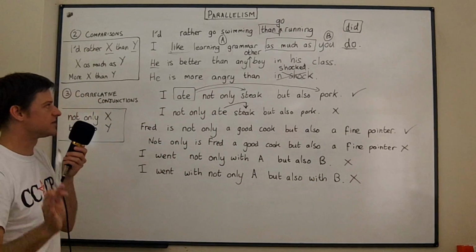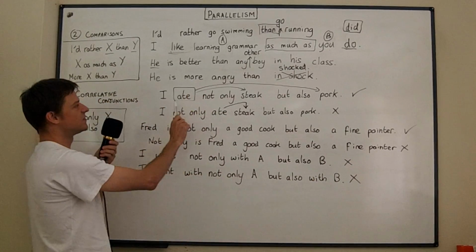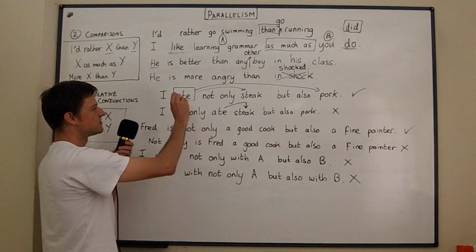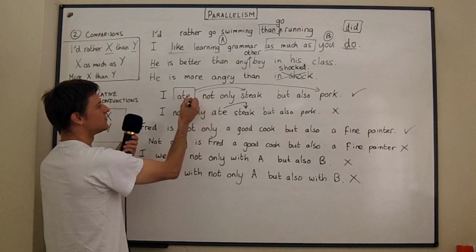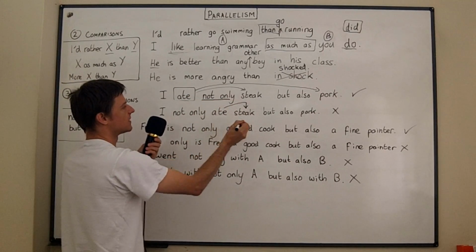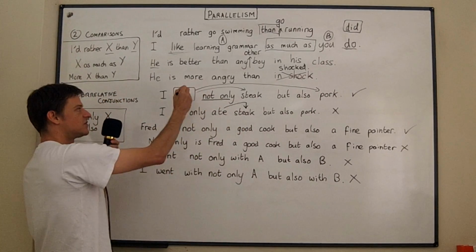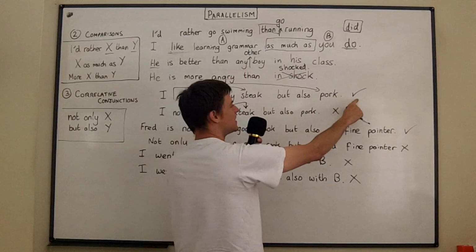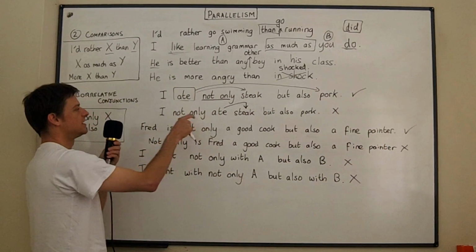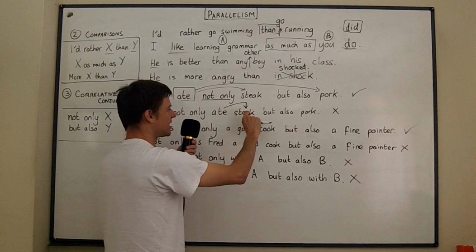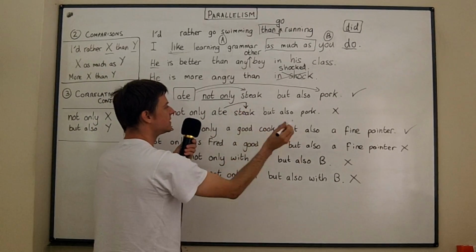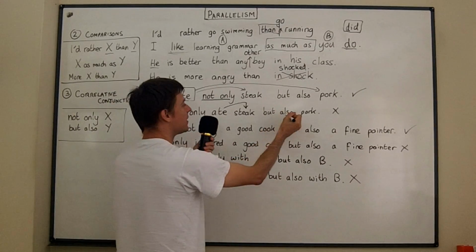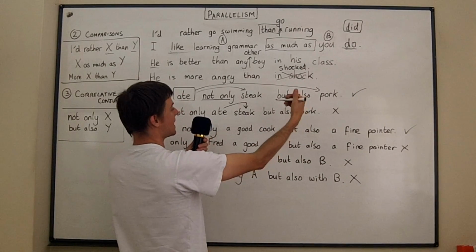I'm pleased to say that this is correct, because this verb here modifies both steak and pork if we use it on this side of the not only. Okay, if it's on this side of the not only, it's all okay and we get a correct sentence. However, if we say I not only ate steak, then the ate is only modifying the steak, and so here we need to say but also I ate pork.